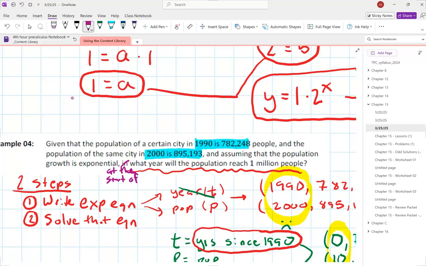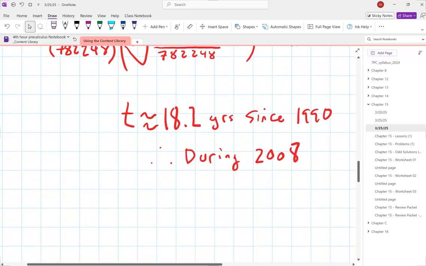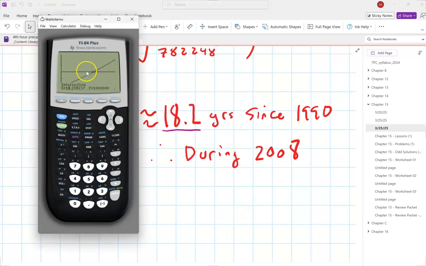Now, what happens if the question instead was phrased as, at the start of which year will the population reach 1 million people? Should we be rounding that 18.2 up to 19 or down to 18? Be careful here because it's at the start of what year? If I round it down, at the start of 2008, are we going to have 1 million people? No, right? We're going to be over here below the 1 million line.